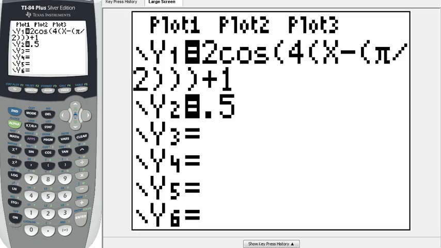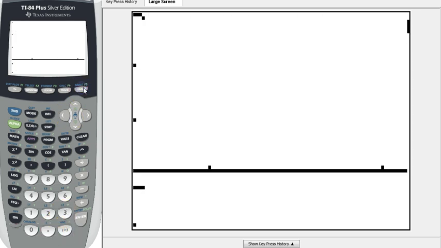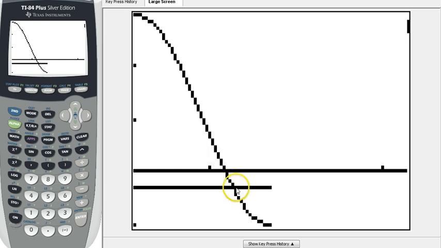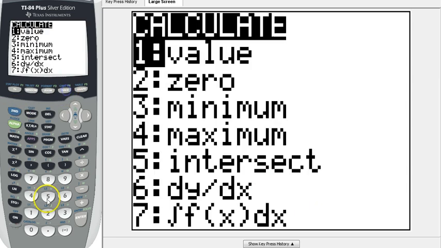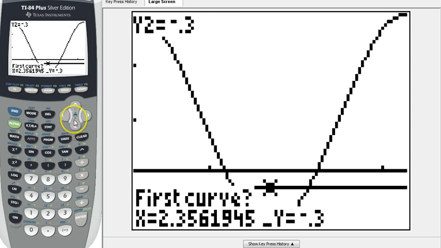So I put negative 0.3 in for y, and I graph. And there's the line I care about. So you guys should clearly see I want those two intersection points. And then, let's get those. I'm going to hit down so I'm on the line that I care about. Let's get the first one first.